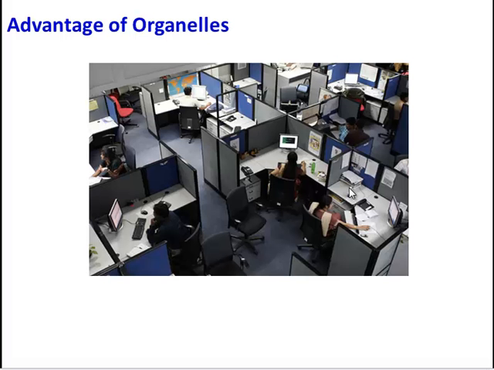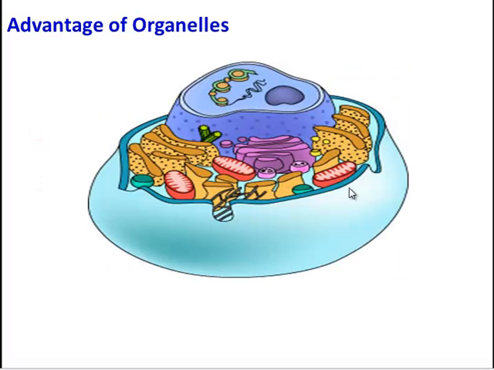Now, why are organelles such an advantage? Well, if you think about a business, and you go inside a business, you'd probably see the office organized into cubicles with lots of different desks and areas for different people with different jobs to get their work done. Well, it's the same thing with a cell that's divided up into smaller components called organelles.